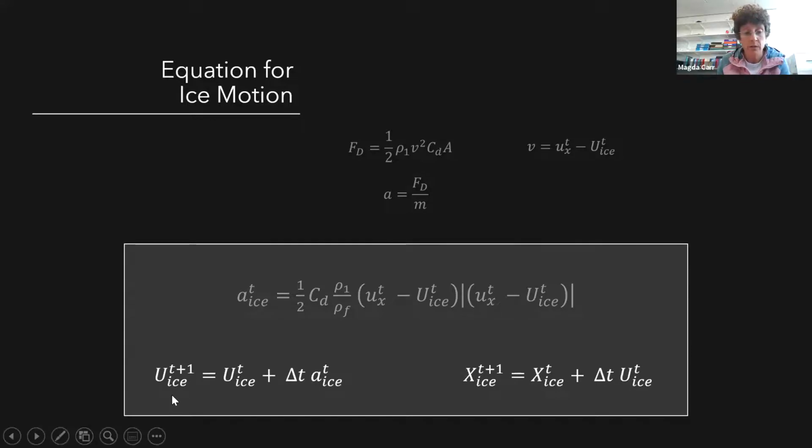We're going to use it to predict the velocity of the ice at a time step t plus 1, just by saying that the velocity of the ice at t plus 1 is the velocity of the ice at time t plus delta t times the acceleration of the ice at time t, where we have this expression for that acceleration. And we can do something similar with the displacement field.